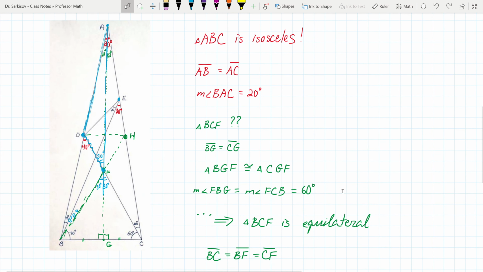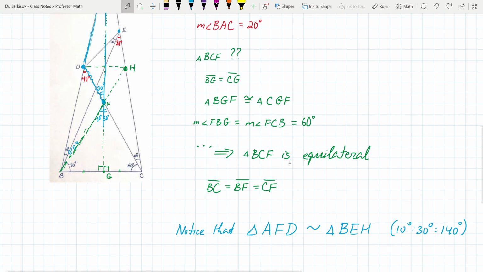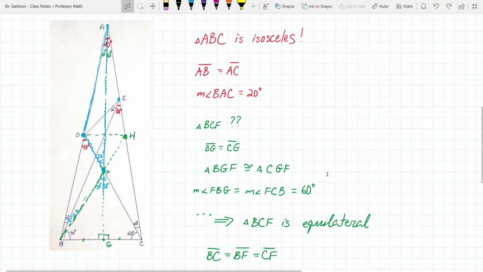So EH and FD. Is there a way to show that this length is equal to this length, for example, or that the lengths are equal? And watch this, or maybe AD and BH. Let's see, BH and AD. Maybe this length is equal to that one, AD?